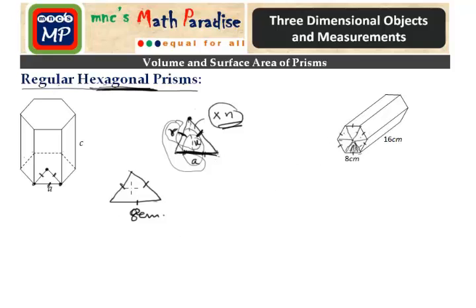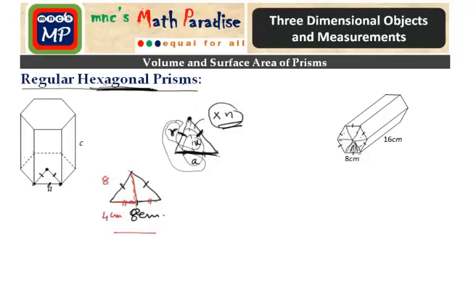So to find the area of this equilateral triangle, similar to others, we will draw a perpendicular line, and this perpendicular line will divide this arm into two parts. So this part will be 4 centimeter, and this part will be 4 centimeter, and this arm, we already said this is an equilateral triangle, so this arm is also 8.